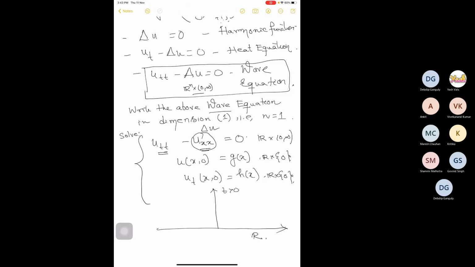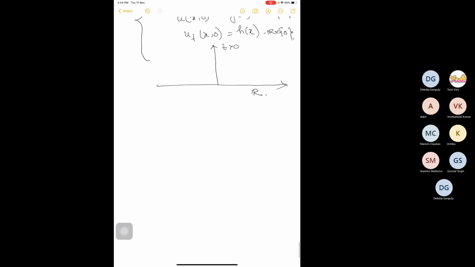So any idea how we can solve this one dimension case? The equation is now u_tt minus u_xx equal to 0. So your domain is this. Is this familiar with something?